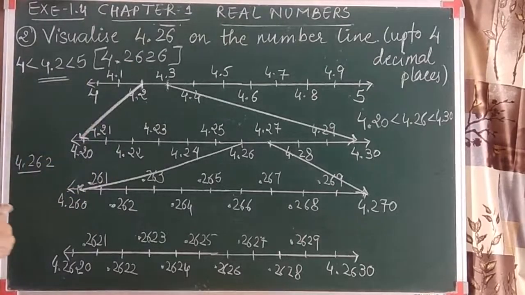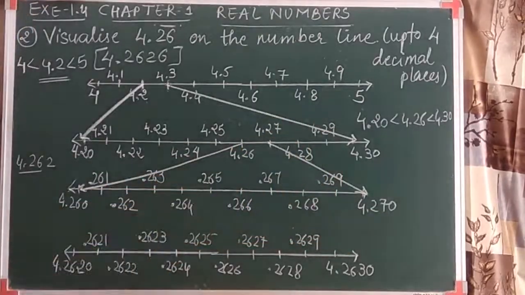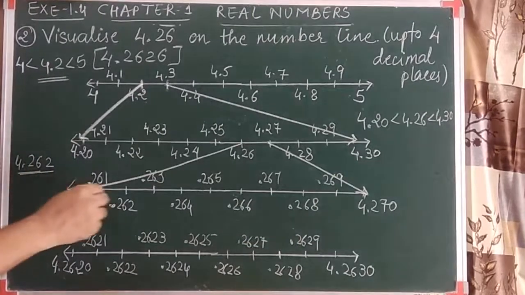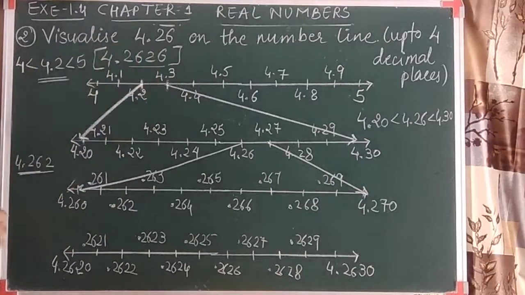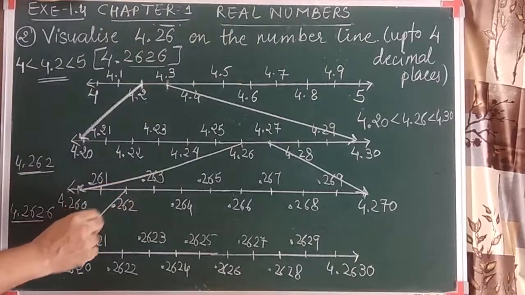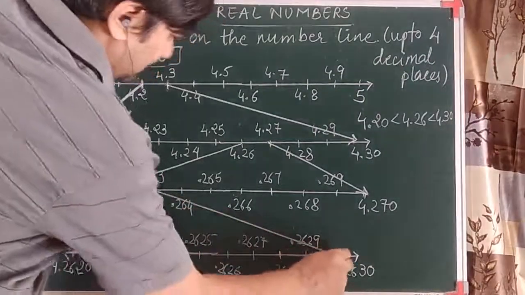So 4.262 lies between 4.260 and 4.270. That means between 4.26 and 4.27. So the number 4.262 is here. हम एक और नंबर लाना है, that means 4.2626. अब हमें लेना है नंबर 4.262 and 4.2630.